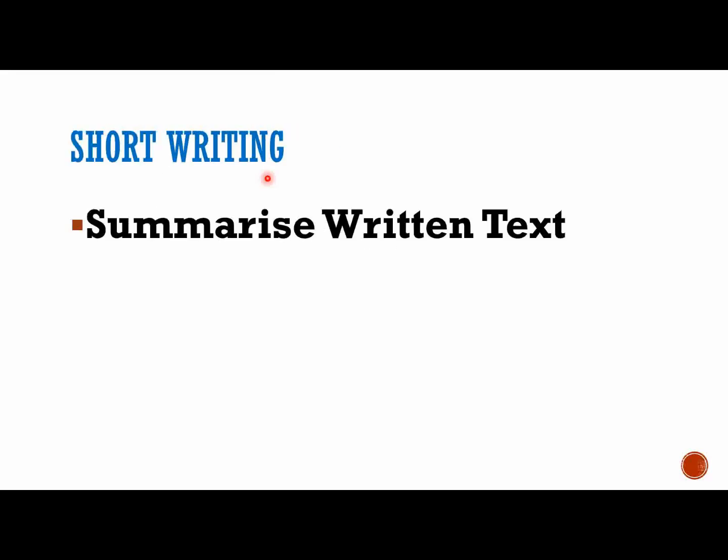So next one is short writing. Short writing is the summarize written text. In summarize written text you can follow the template also, because you can use the connectors, but follow the form: you can write only between 50 to 70 words, then check your spellings, check your grammar, then focus on the content part also.